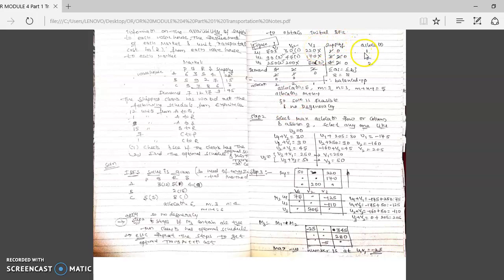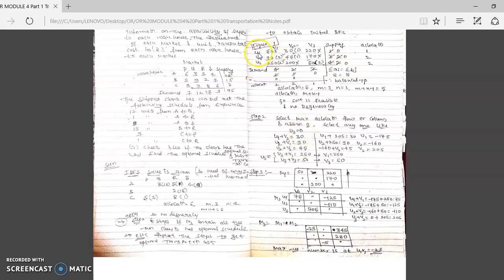Here, allocations are in the first row, 1 is there, second row, 2 are there, third row, 2 are there. Similarly, for the columns, allocations are 2, 2, 1. So, many rows and columns have the same highest value. You can select any one. So, I am taking U3. U3 equal to 0.